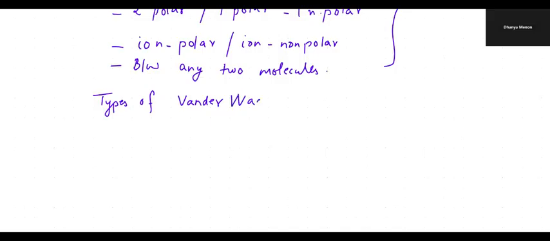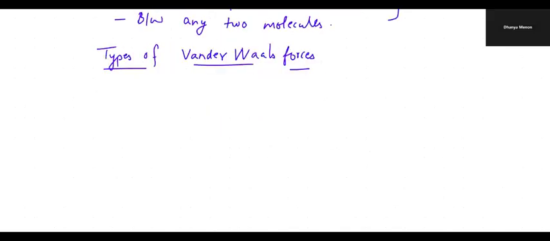The first type is ion dipole interaction. What is an ion dipole interaction? You know the meaning of ion? Yes, it can be a cation. It can be an anion.